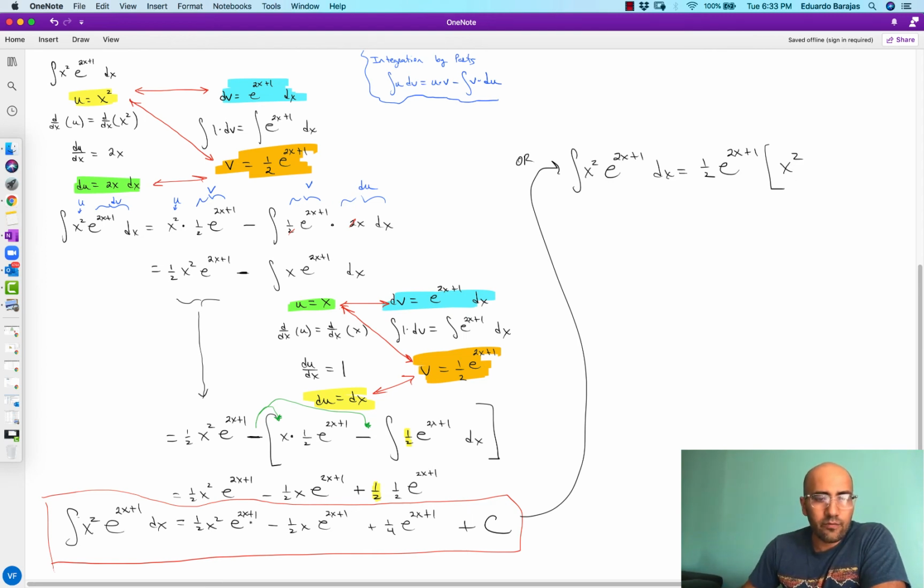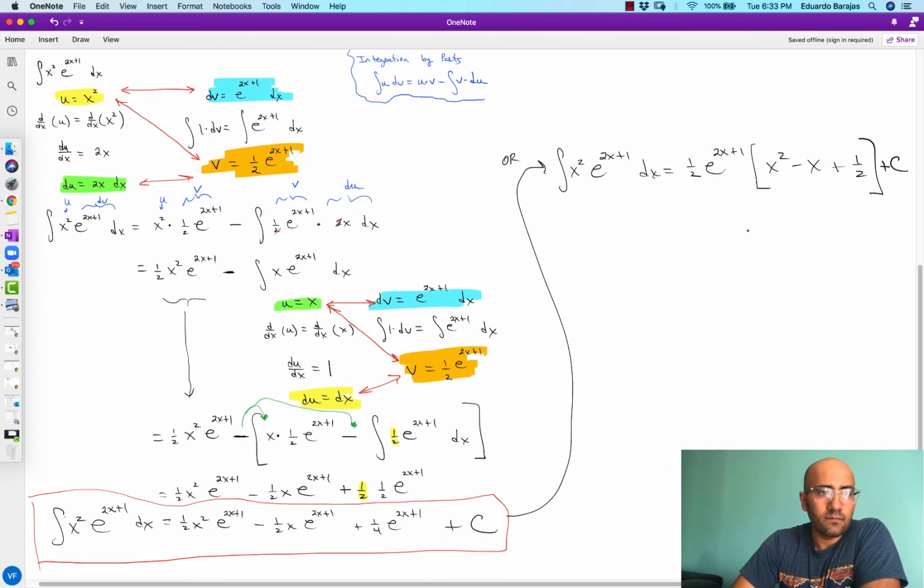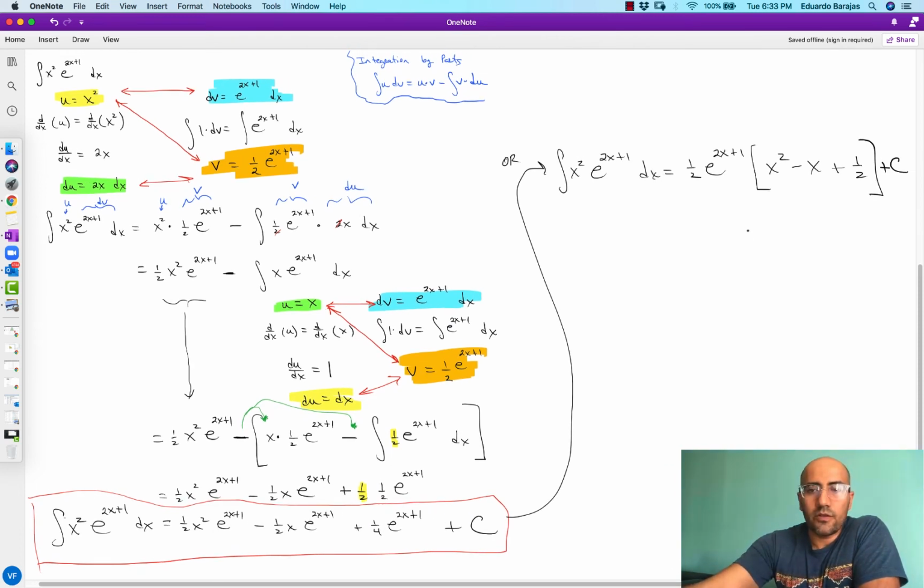So x squared from there remains, minus x from there, and plus 1/2 from here, plus c. So there's another way of expressing the exact same thing.